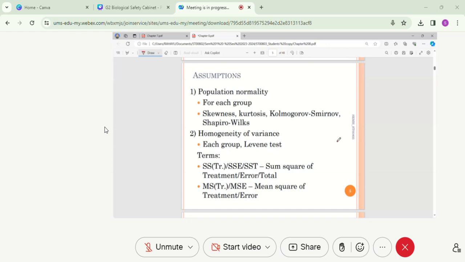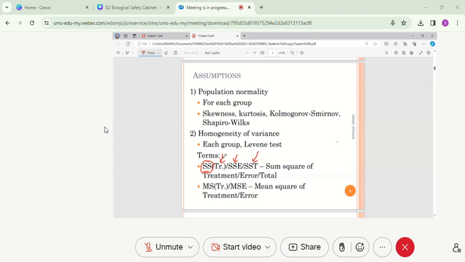Right, so there are a few terms that you need to be familiar with. The first one is SS, which stands for sum of squares. Sum of squares means that you need to square something. The sum of squares here means the variability or variance between treatments, then the sum of squares of error, and the sum of squares of total.